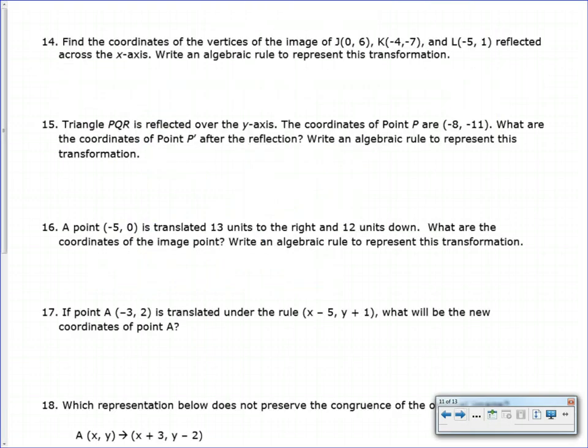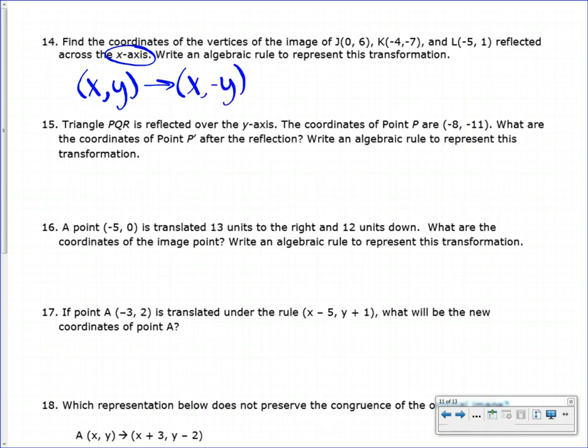14. Find the coordinates of the vertices of the image of J, 0, 6, K, -4, -7, and L, -5, 1, reflected across the x-axis. So reflection across the x means we're going to change the y to a negative.